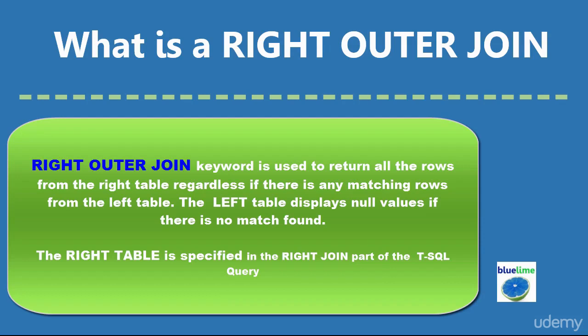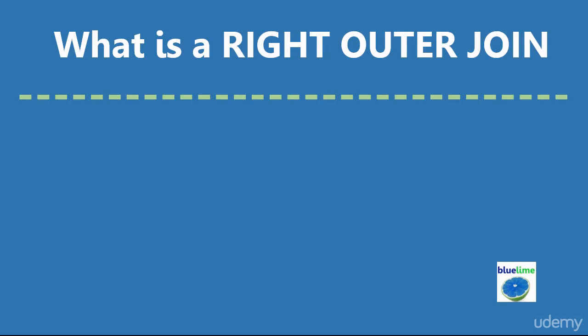So with a right outer join, all the rows from the right table are returned regardless whether there is a match in the corresponding left table. Whereby there is no match in the left table, it will return null values.